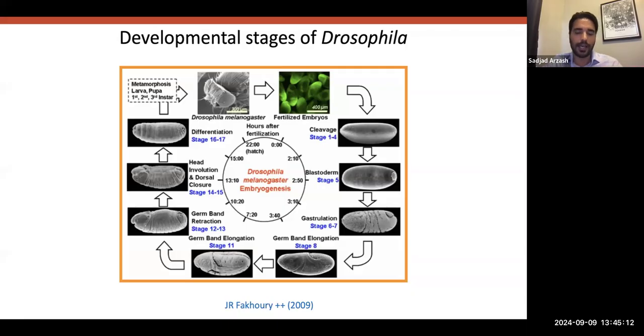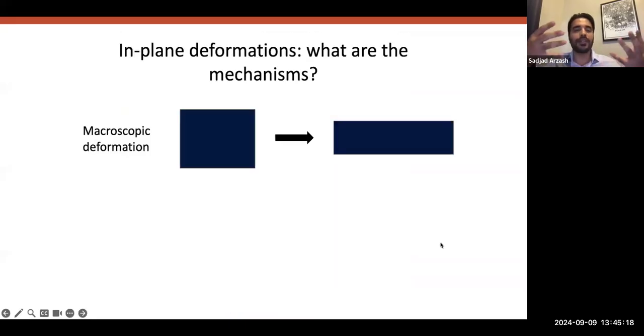That's going to take about 2 hours to finish. So thinking about the macroscopic deformation in this system, if I focus on a square of that tissue, after some time it's going to double its length and contract in the y direction. That's the macroscopic deformation that we see.